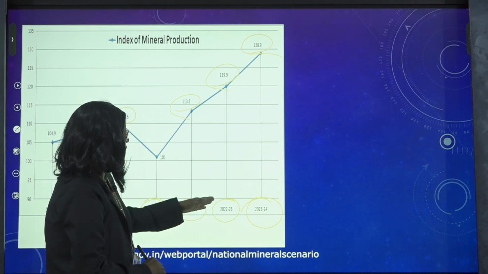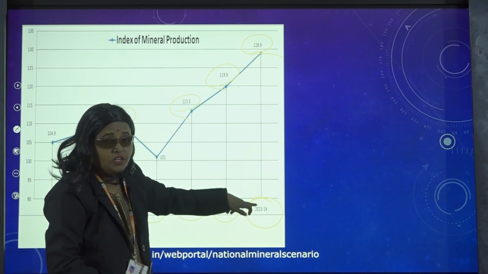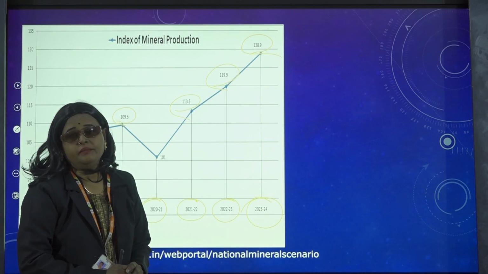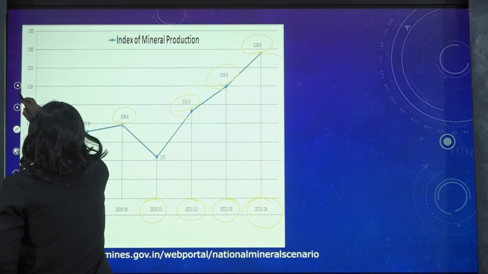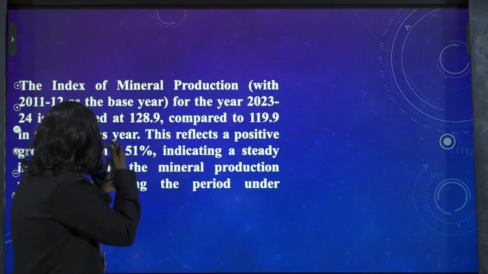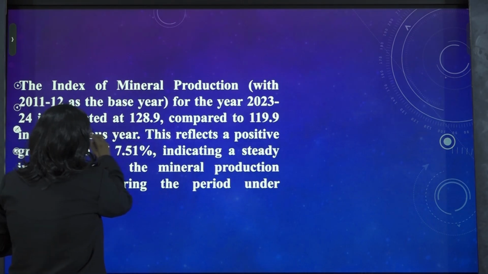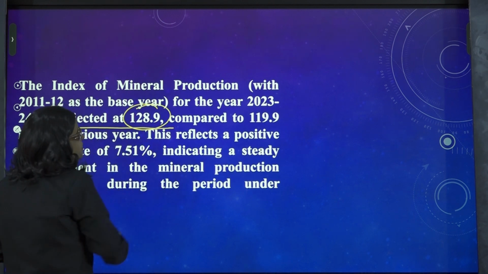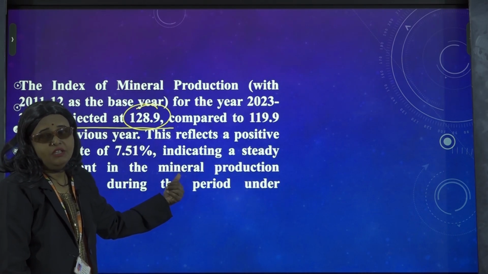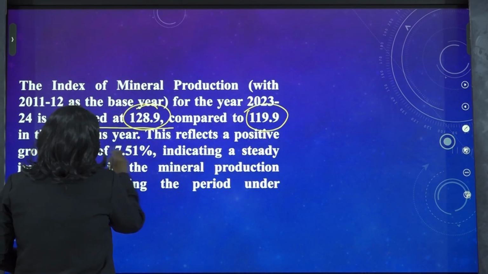Okay? See, in 2022 to 2023, it is 119.9. When you have observed 2023 to 2024, it is 128.9. That's what I explained. The same was explained here in this slide. The index of mineral production for the year 2023 to 2024 is projected at 128.9 compared to 119.9 in the previous year.